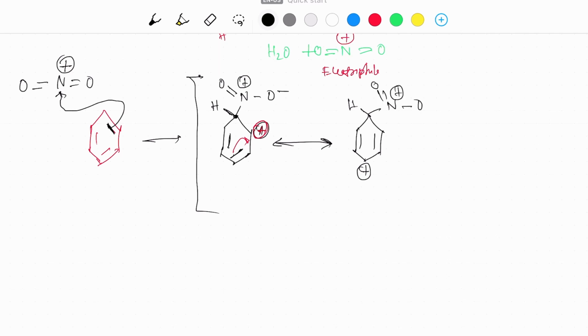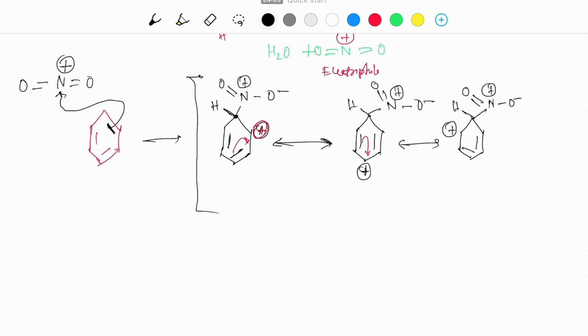Now the next resonance structure will be, these electrons will move here, and we have our resonance structure which looks like this, and the positive charge will move here, and we have the same thing as before.